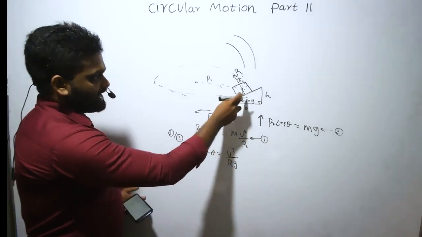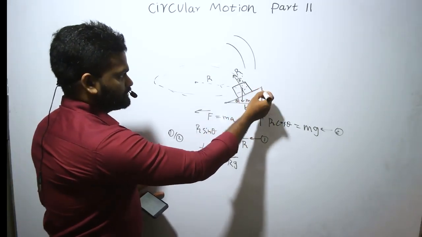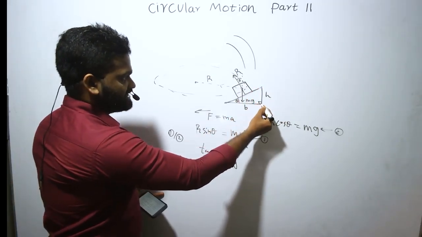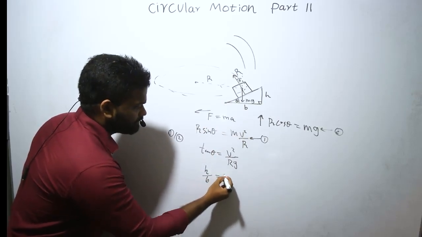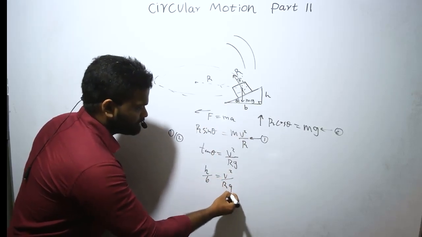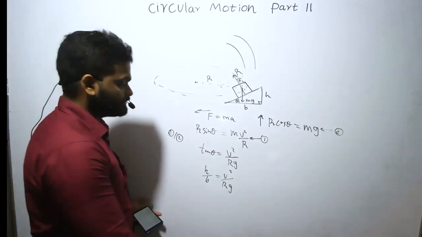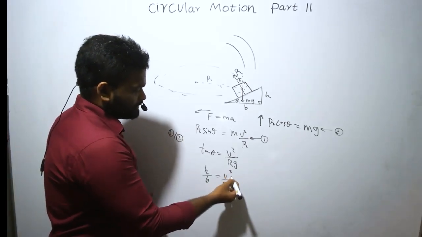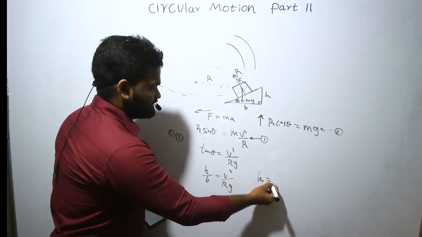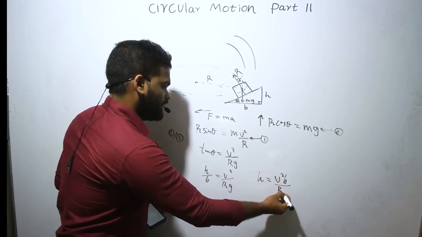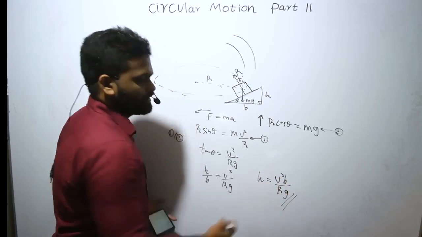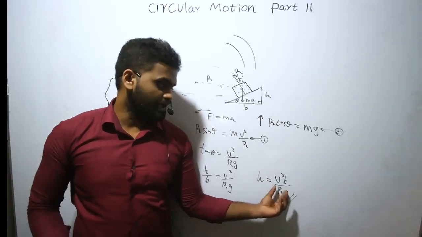So when you get tan theta, what can you write? Tan theta is equal to opposite divided by adjacent. So that is h divided by b, equal to v squared over R g, right? Then you can put b to the other side. So you get h equals v squared b divided by R g.